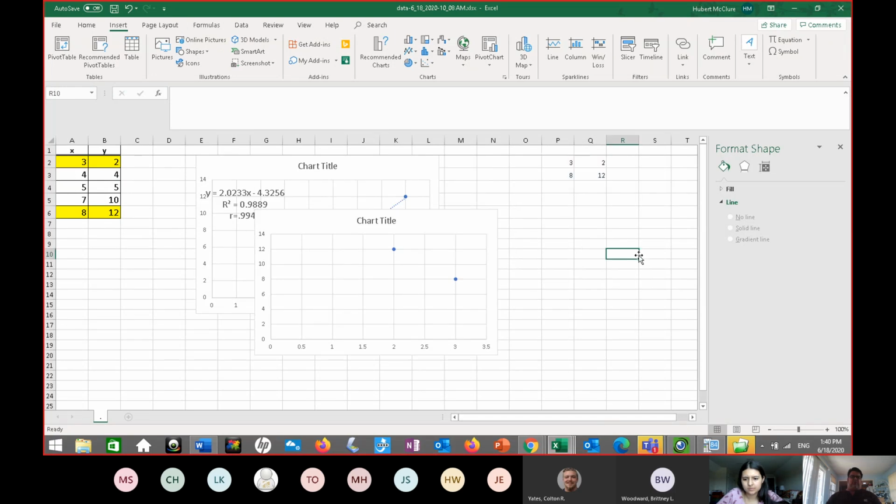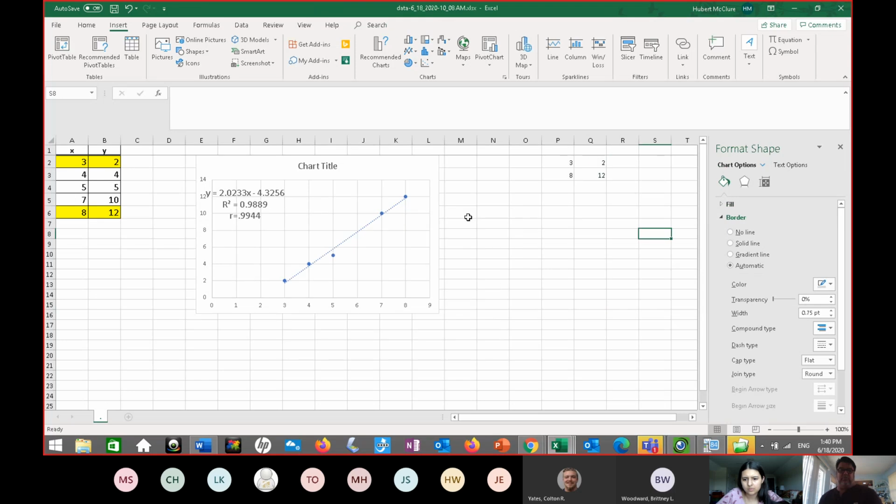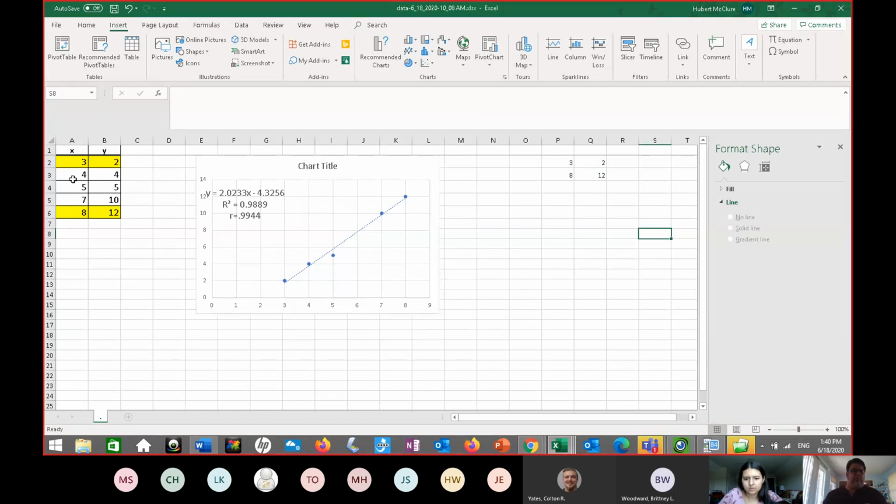Well, that's not right. 3 and 2 and 8 and 12. What the heck? That's not right. Hold on a second. There's 3 and there's 2. See, I can find the slope, but you don't want to have to go through and figure the y. I'm trying to figure out a way.